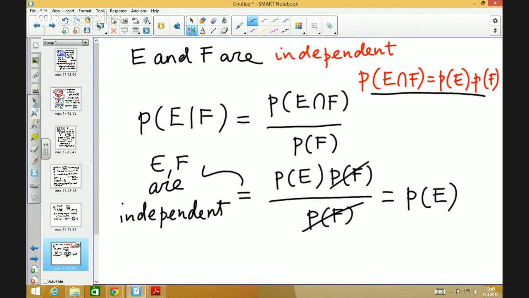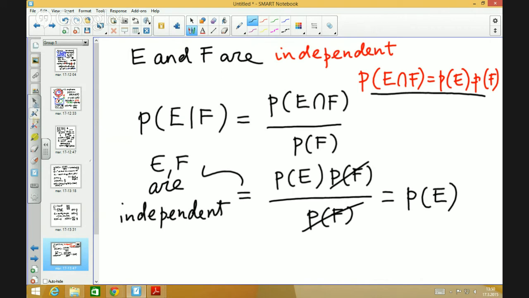That's why the probability that the second coin toss is head does not change if somebody tells you, oh, by the way, the first time I got a head. The two are independent, so the probability is still a half. So if E and F are independent, you don't need the formula for conditional probability to calculate the probability of E given that F has occurred before.